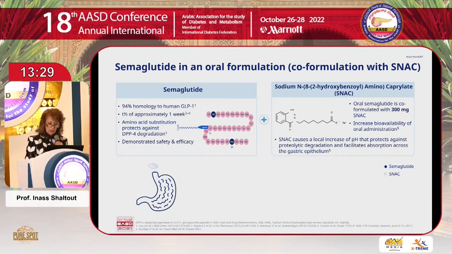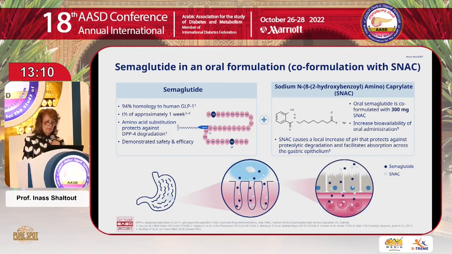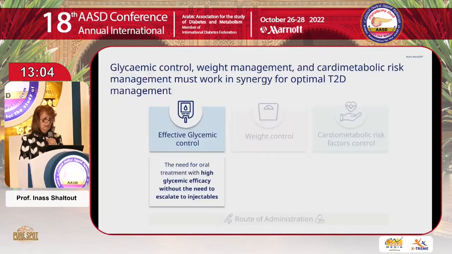The quantity of SNAC per tablet is 300 milligrams, so it can be absorbed from the stomach mucosa, leading to good bioavailability of the oral semaglutide.